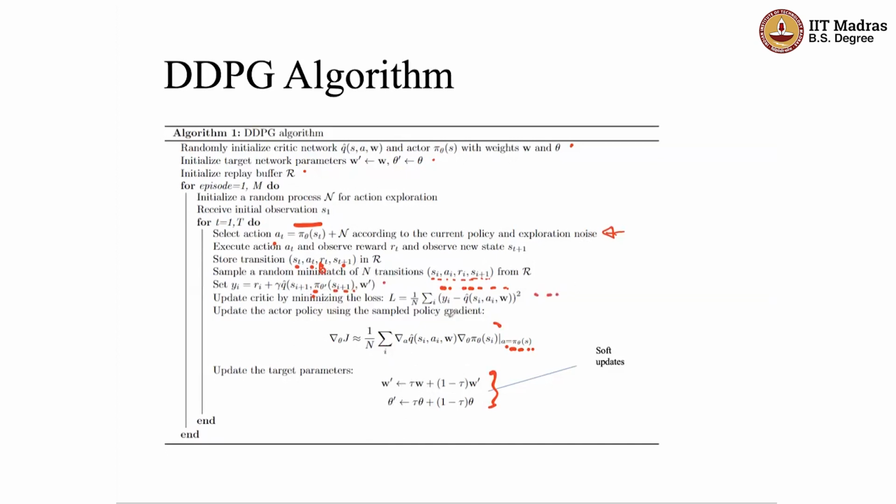You have the critic update rate alpha w, then alpha theta, then you have tau. You might have a tau w and a tau theta, if you will. All of these hyperparameters you have to tune. And so sometimes DDPG becomes a little bit challenging to get to work because you have too many parameters that you have to tune to get the exact updates that you are looking for.